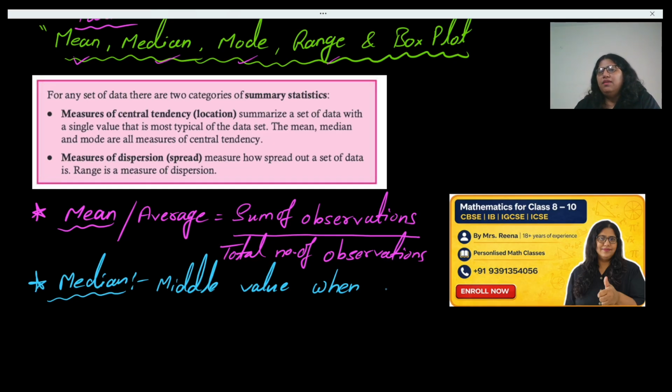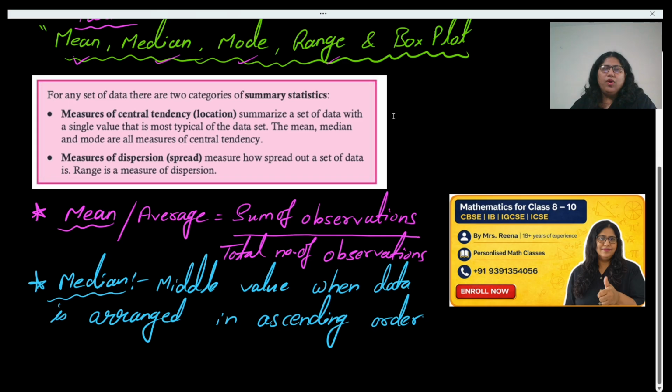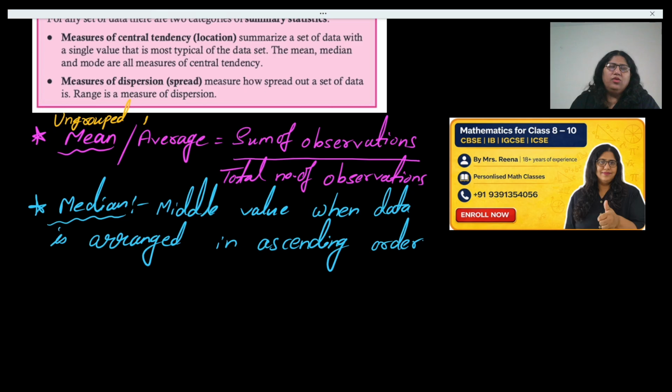So we'll say the middle value when data is arranged in ascending or descending order, but we always take ascending order. Whenever we take median, there can be two possibilities. All these things we are learning about ungrouped data. For grouped data, there are different ways to find it out. This is all mean, median, mode we are going to talk about here for ungrouped data.